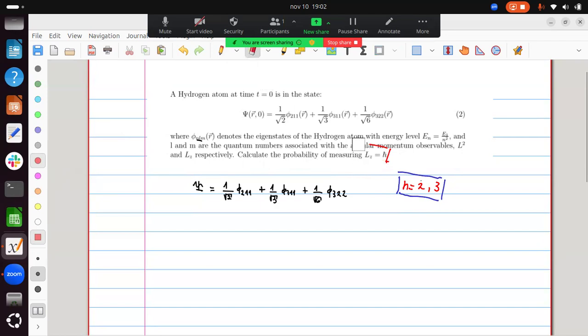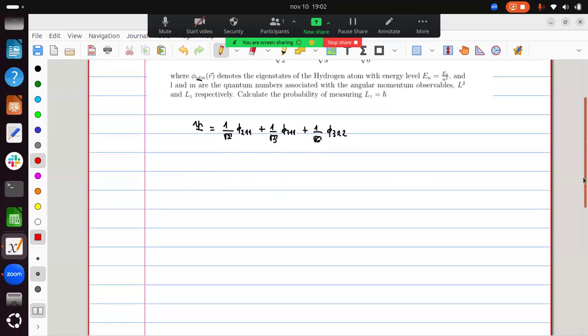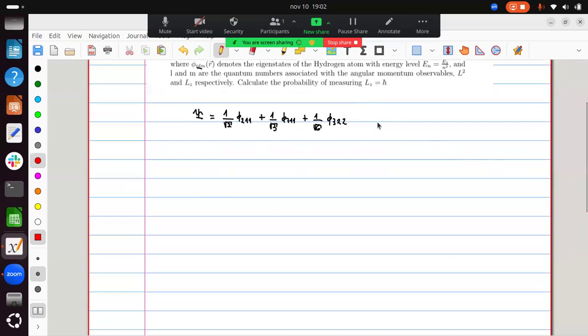For that, we just need to consider the orbital angular momentum. And if you remember your assignments and your courses, you can take in consideration this formula. There are two formulas.